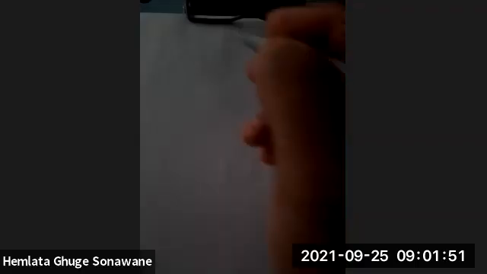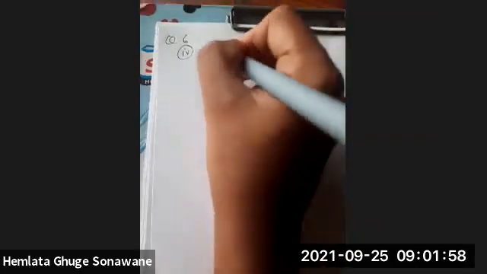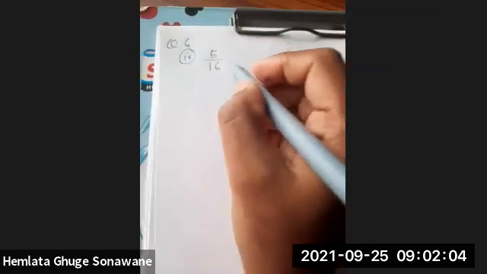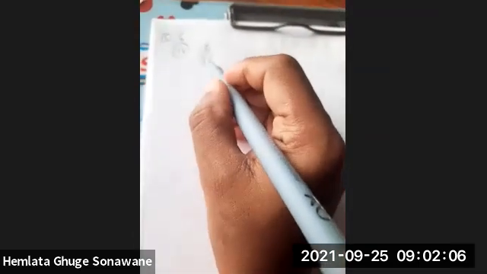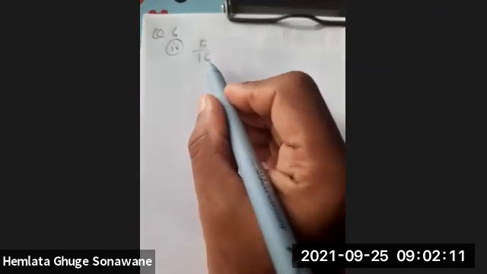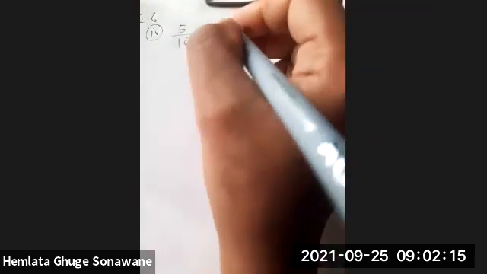Fourth example of question number 6. Five upon 16. Here 16 also can't be converted into 100. So here also we'll multiply and divide this with 100.